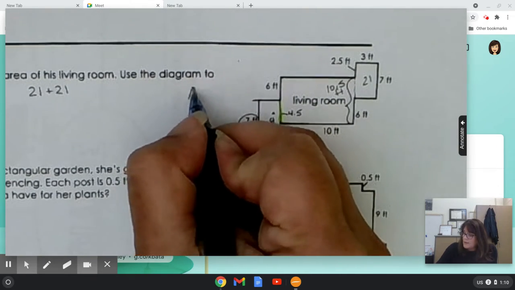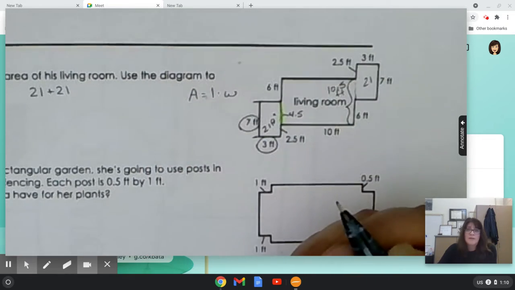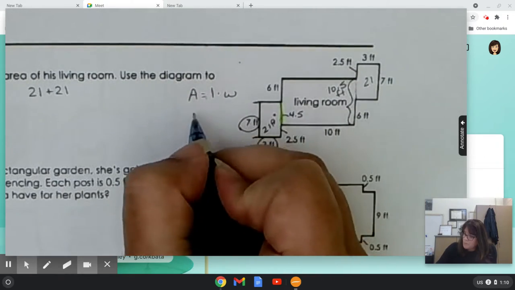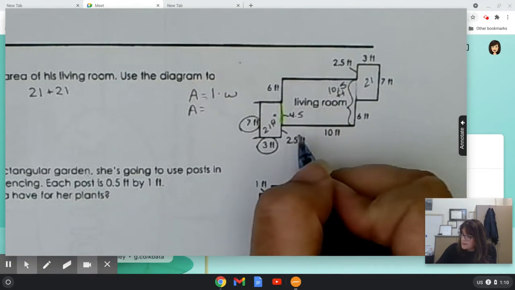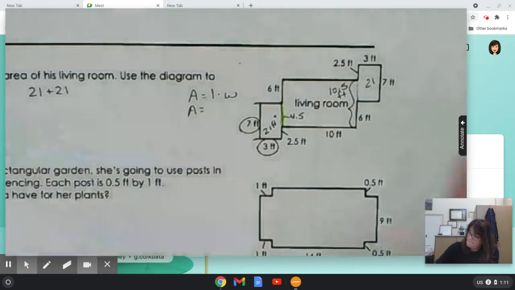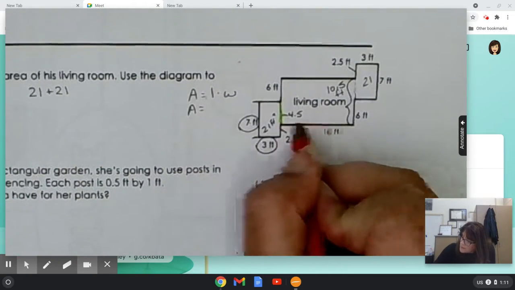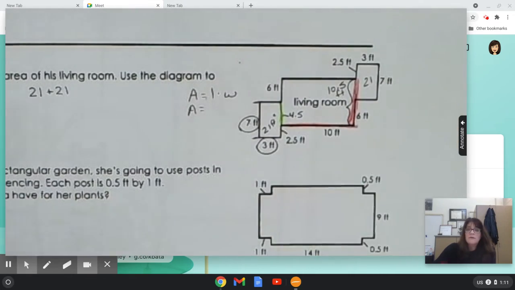And if area is length times width, or base times height, then the area of this would be 10 feet by 10.5 feet.